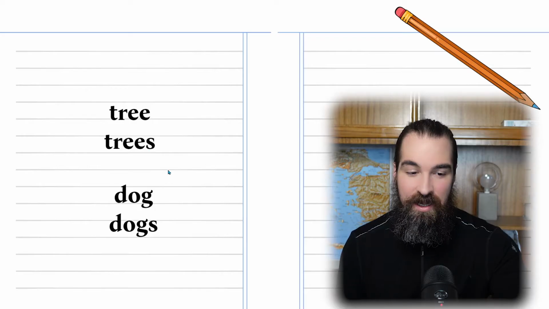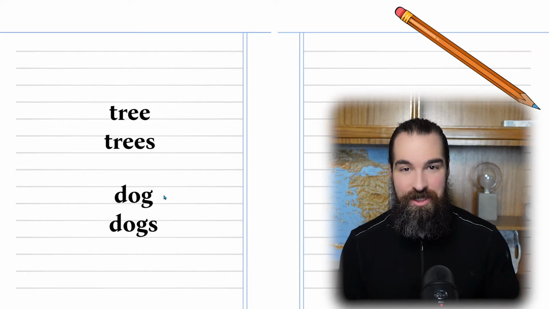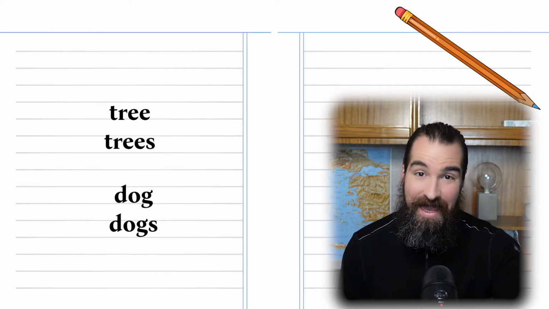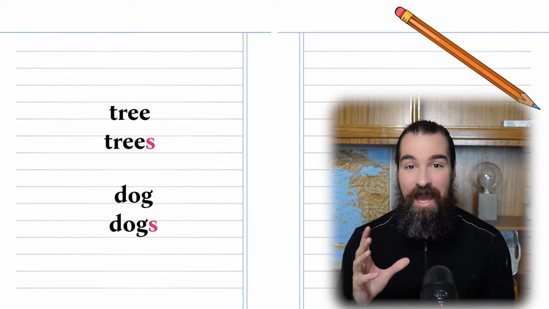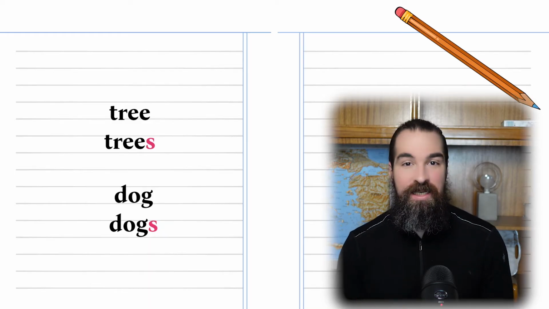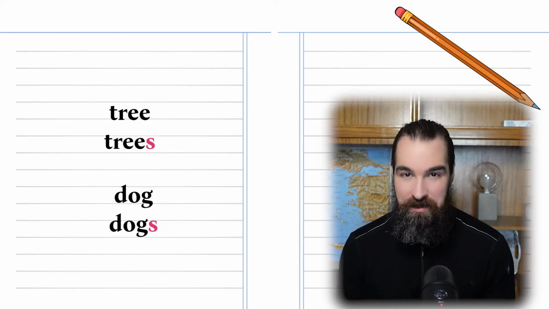But there's a difference. There's an S on the end. And then below it we have another set of words, the word dog and the word dogs. Again, these words have an S on the end of them. What is that S telling us about the noun? What's the difference between a tree and trees, or between the word dog and dogs?